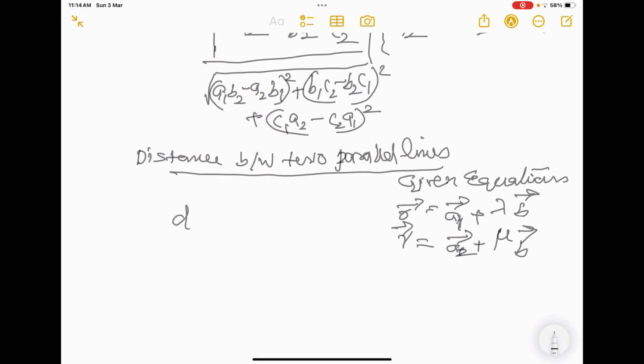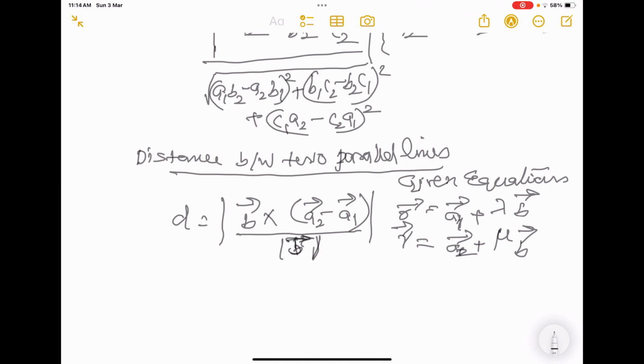So here d equal to mod of vector b cross vector a2 minus vector a1, divided by mod vector b. Then this is the result.